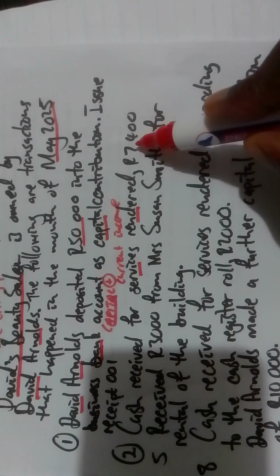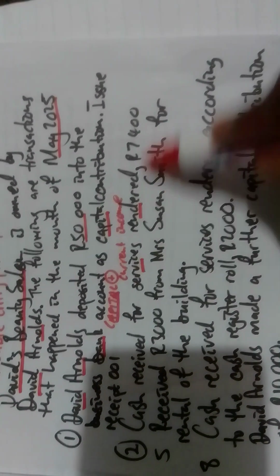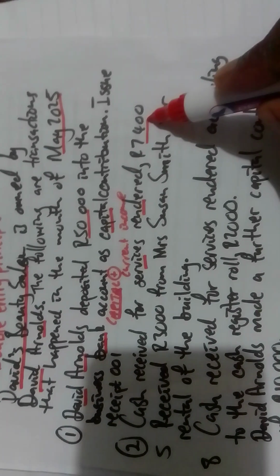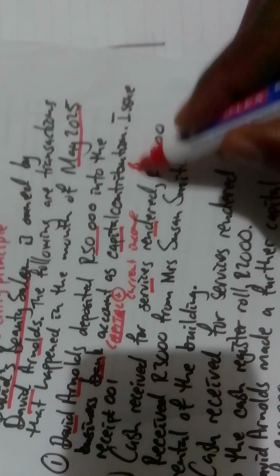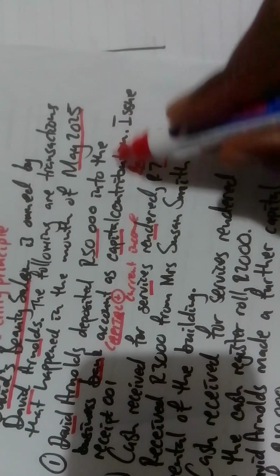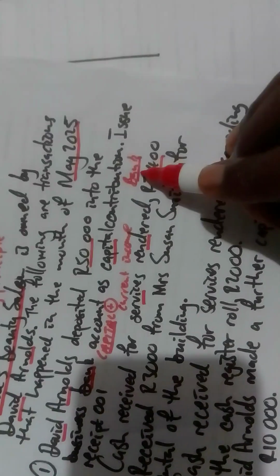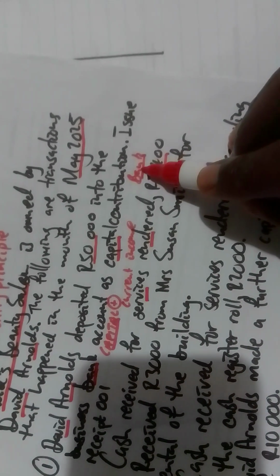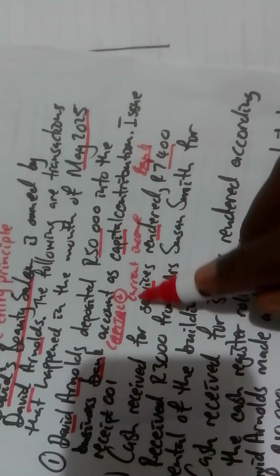The cash received for the services by the end of the day was 7,400. So there is an increase in bank. Remember, cash is known as bank. When we record any cash that has been received, we record it as bank, and bank is an asset. And also there is an increase in current income, and current income is owner's equity.